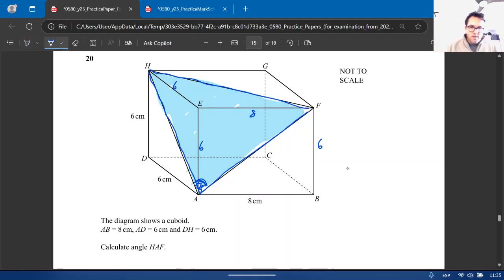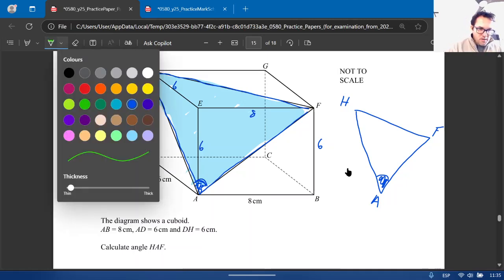So that will be the triangle. I'll draw it over here. HAF. And we need to find out this angle. We don't have any of the sides of that triangle, so we're going to figure out some other stuff here.